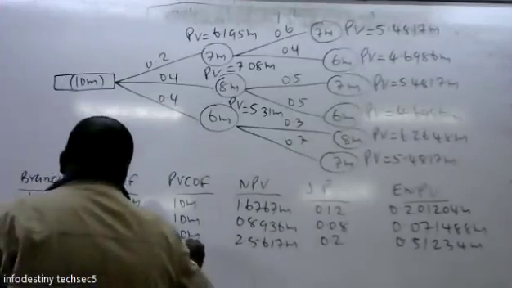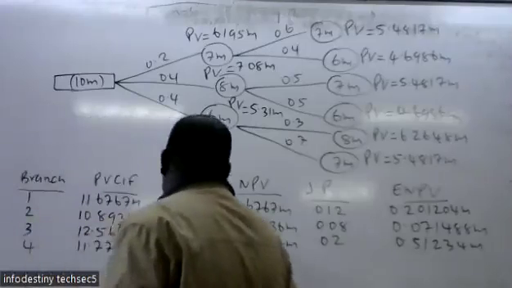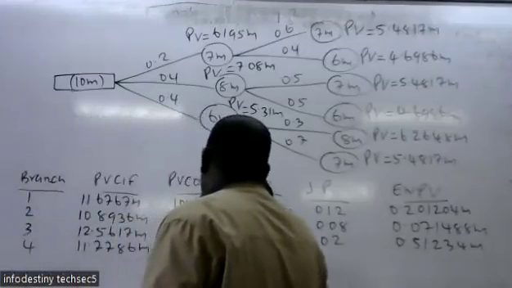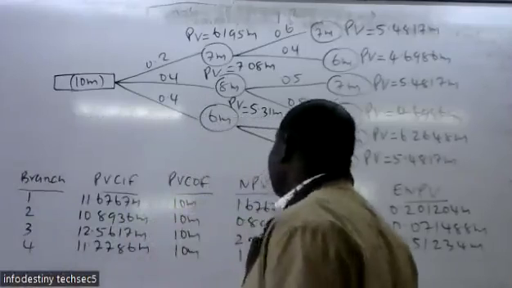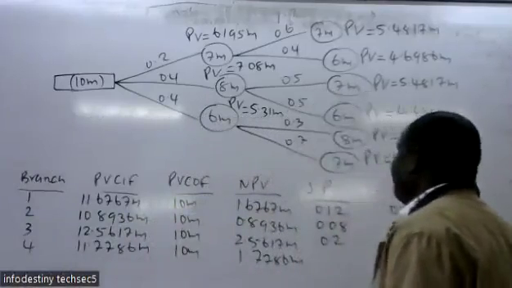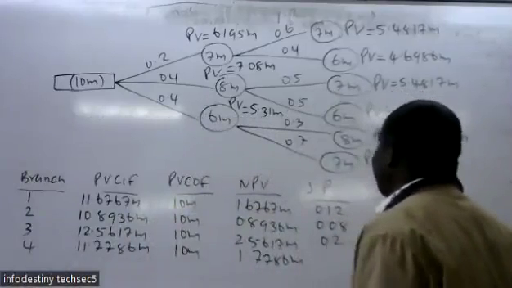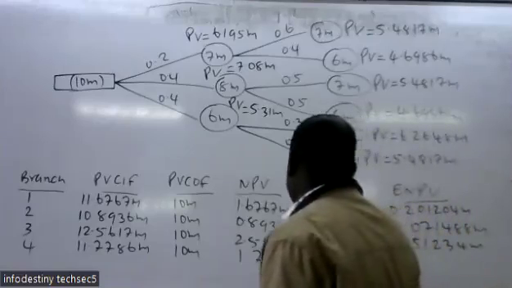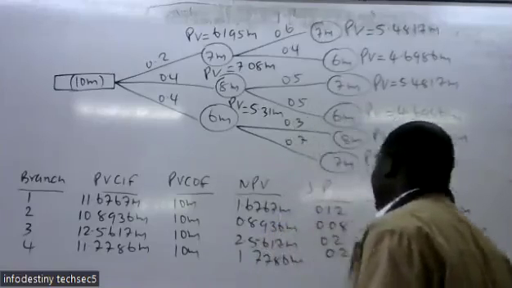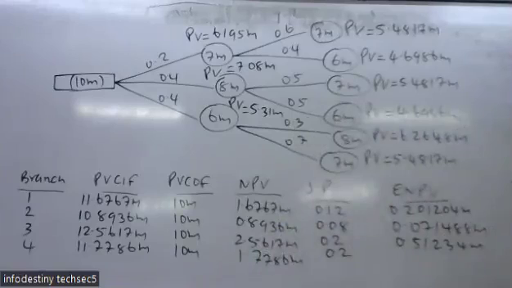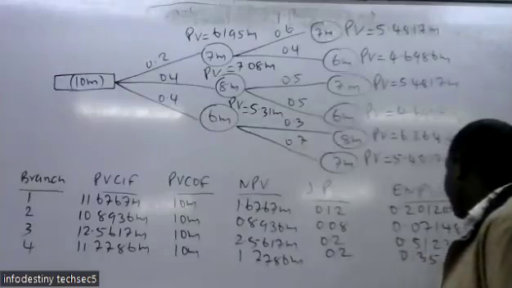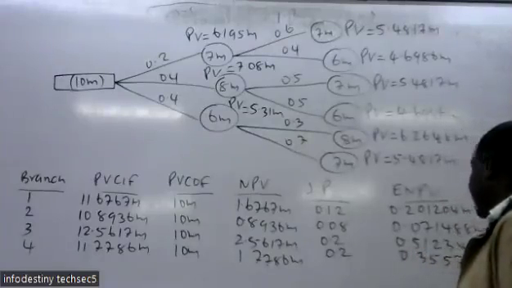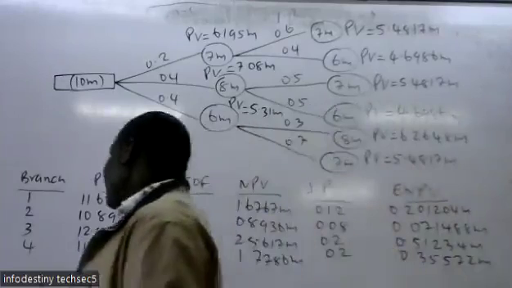This is still 10 million, which means it is 1.7786. Joint probability 0.4 multiplied by 0.5 is still 0.2. So multiplied by 1.7786 gives 0.35572. So we go to branch 5.